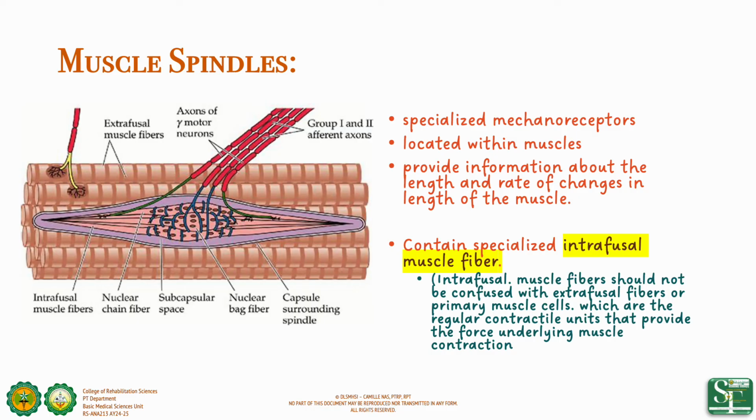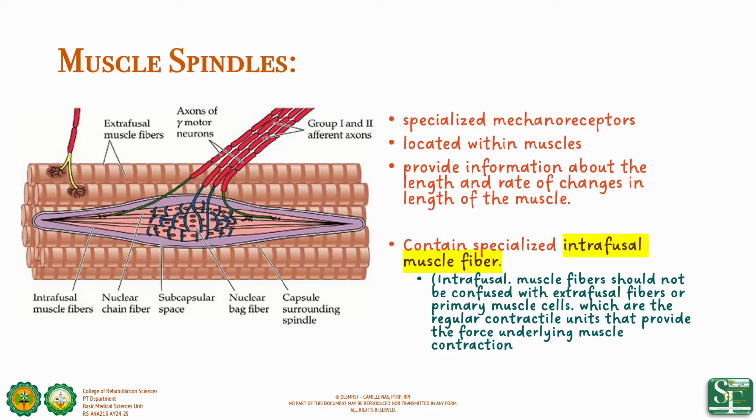Okay, intrafusal meaning nasa pinakaloob pa. So nasa muscle na siya, muscle belly. Meron pa tayong mga specialized muscle fiber within the muscle itself. No? Intrafusal muscle fiber should not be confused with extrafusal. Kaya nga magkaiba sila ng pangalan because extrafusal or the primary muscle cells are found on the outside of the muscle.